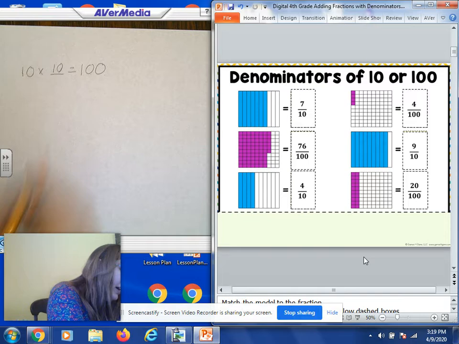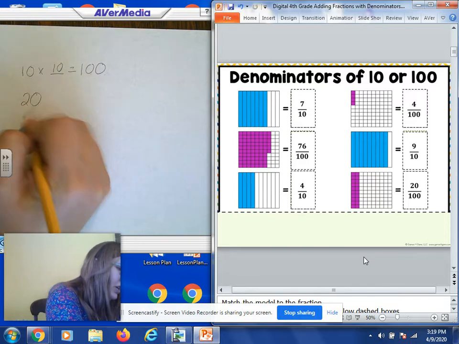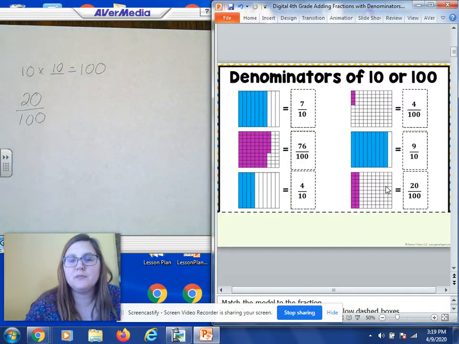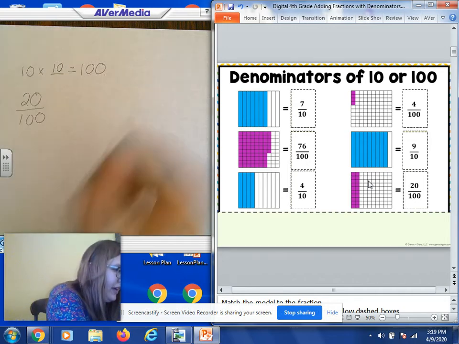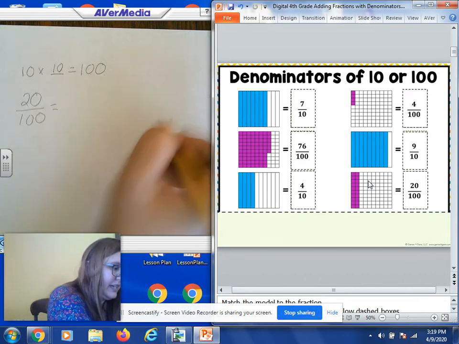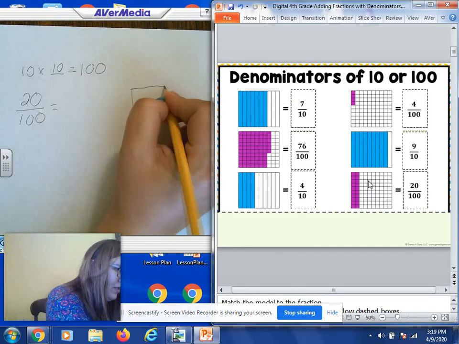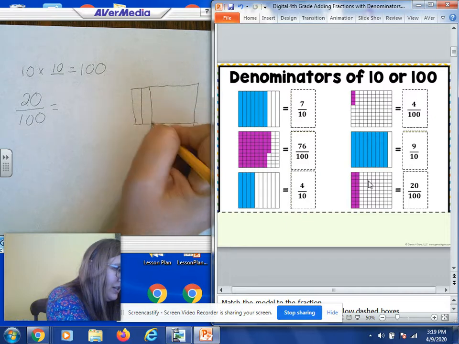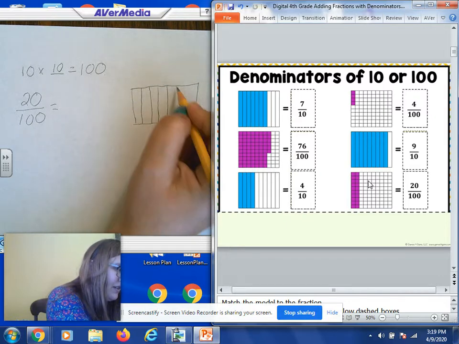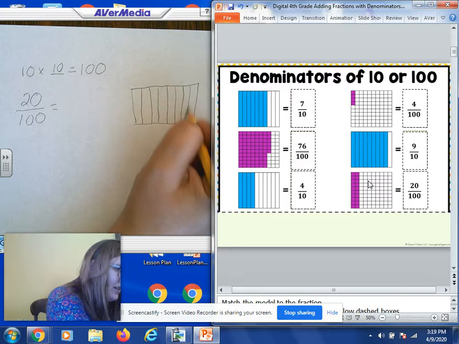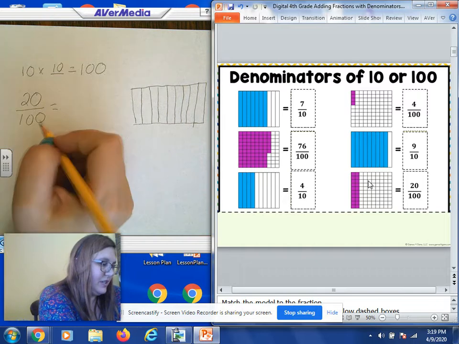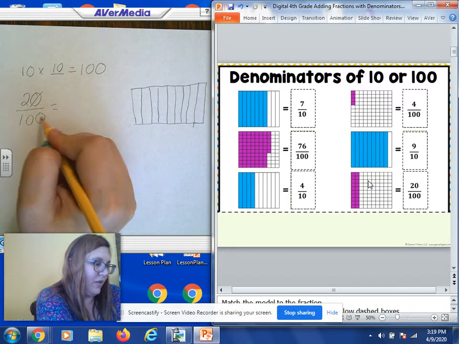Let's look at the fraction 20 hundredths. As you can see, the purple bar on our screen shows that there are 20 blocks. Now, if I made that into tenths and draw it out, what you're going to do is take a 0 off the top and take a 0 off the bottom.